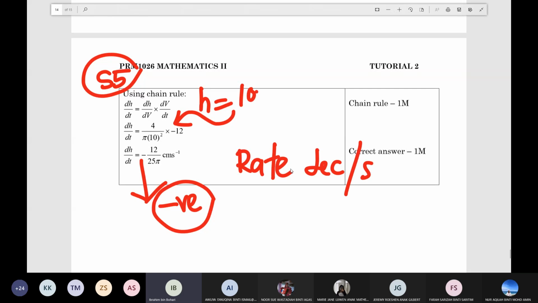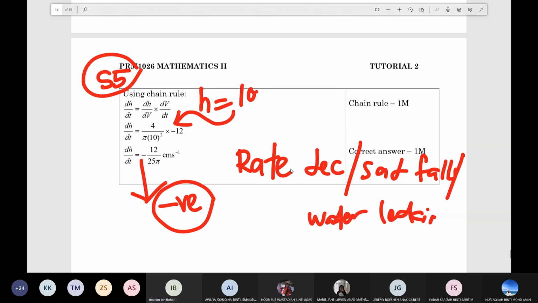ataupun saya tunjukkan. Okay. Kebiasaan dia kalau ni mudah, dia check dia punya term sahaja. For example, this one kalau water leaking pun sama. Kalau water leaking, ini soalan dalam slide.